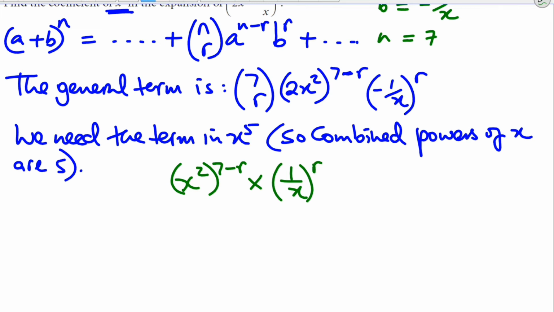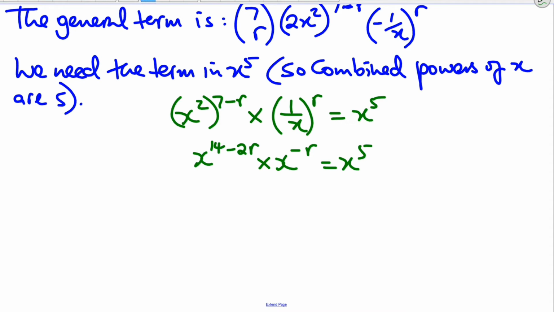You can ignore the negative because we're just focusing on powers of x. This will be equal to x to power 5. Using the laws of indices, we need to work out what r is. So let's simplify this equation. We'll have x to power 14 minus 2r multiplied by x to power negative r is equal to x to power 5.